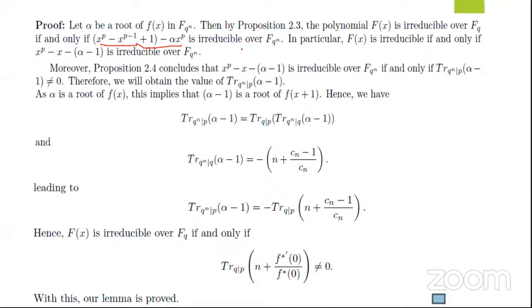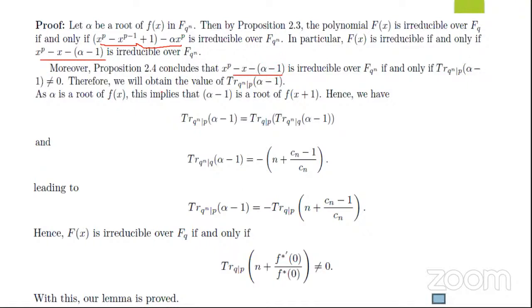In particular, after simplification, f of x is irreducible if and only if x raised to power p minus x minus alpha minus 1 is irreducible over F q n. Then again, using proposition 2.4, we prove that this polynomial is irreducible if and only if trace of the element alpha minus 1 is non-zero.